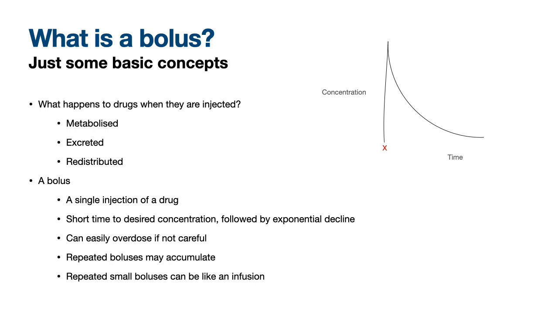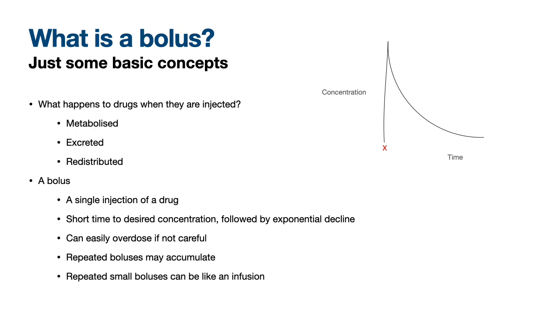With propofol in particular, once you inject it, it gets redistributed to other tissues. So it gets redistributed out of the bloodstream and is sequestered in things like muscle and fat. But also drugs in general, the way that the body tends to get rid of them for the most part is that they're metabolized, most often by the liver.